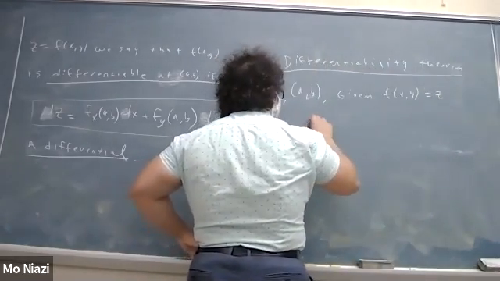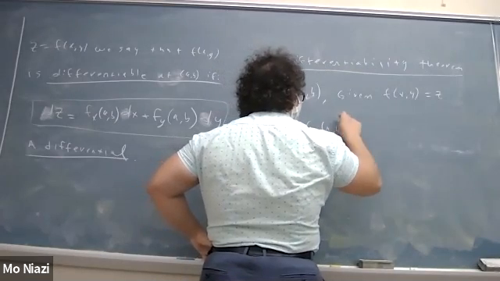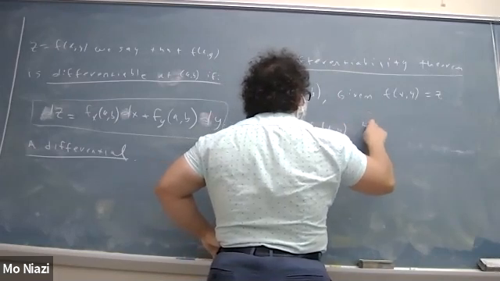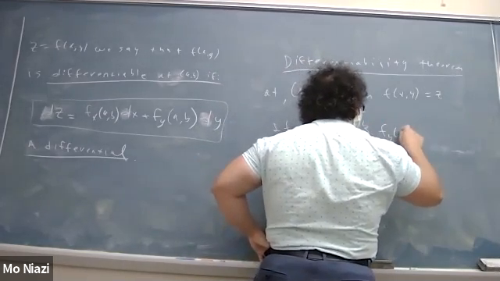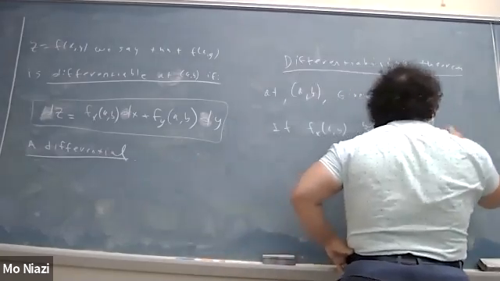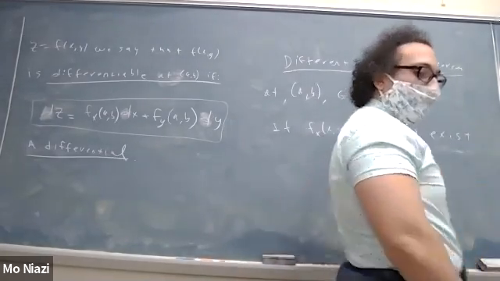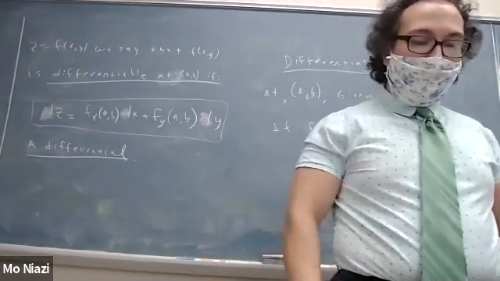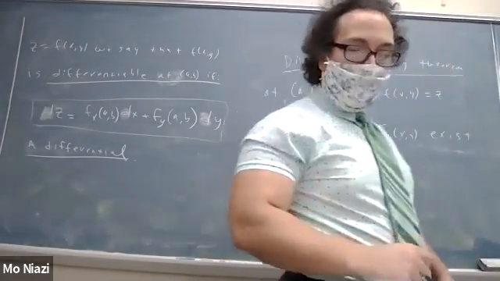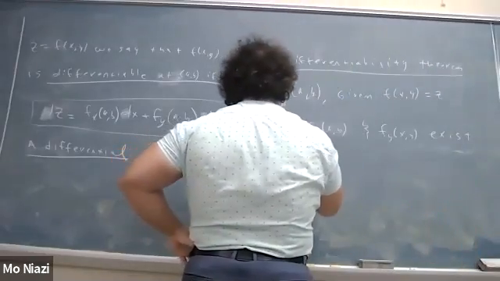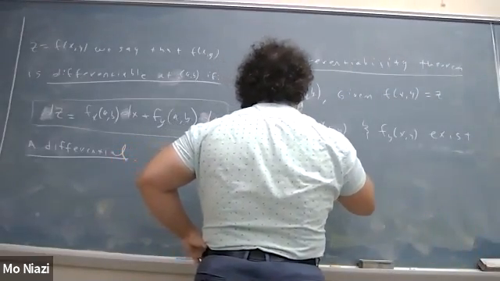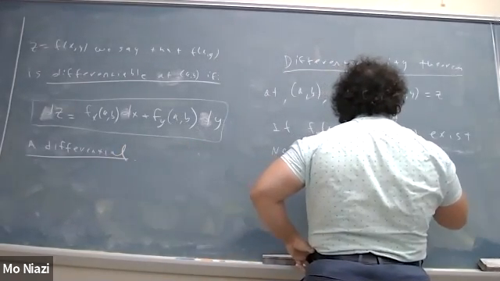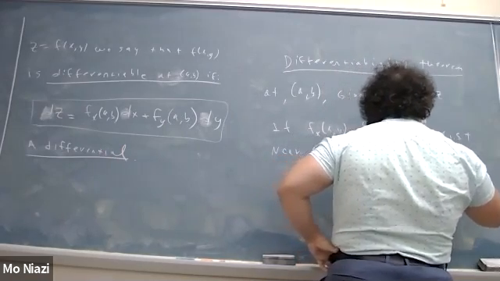If f_x and f_y of x, y exist, and not only do they have to exist, but they have to exist near AB, and they're continuous on AB.